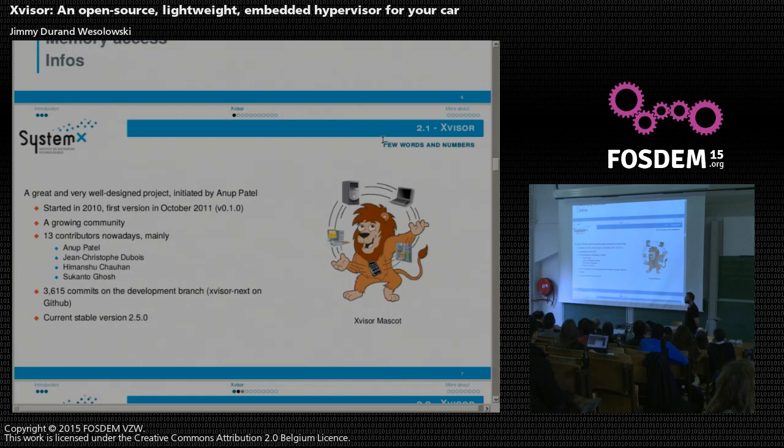It's growing very fast. So it's interesting to join the project now, since there are few contributors. You can submit ideas, you can do whatever you want with it, and if you think you have a good idea, please tell Anup, tell us what you think.